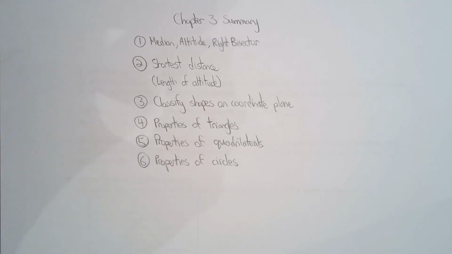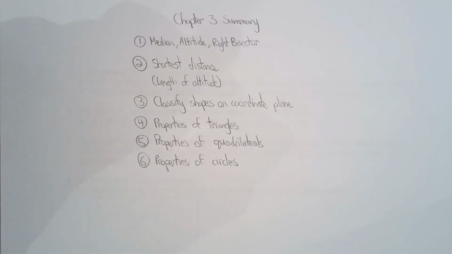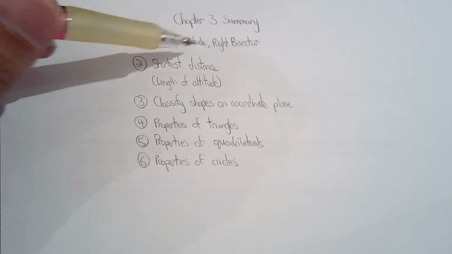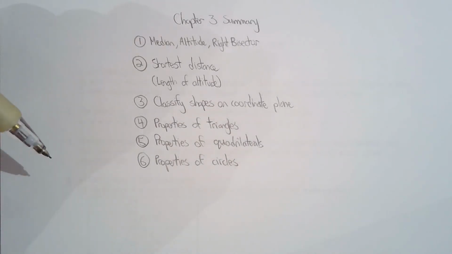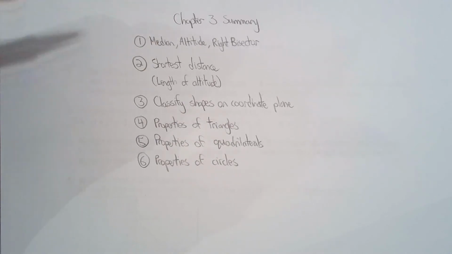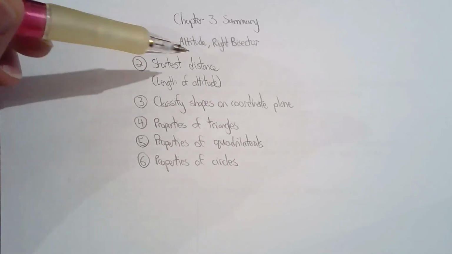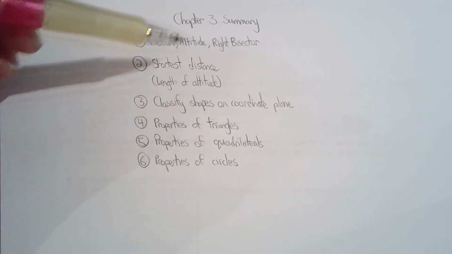Now, if we ask you to find the centroid, then you have to find where the medians intersect. There's one more, where the altitudes intersect, and that's called the orthocenter. But that one isn't as important compared to the centroid and the circumcenter.